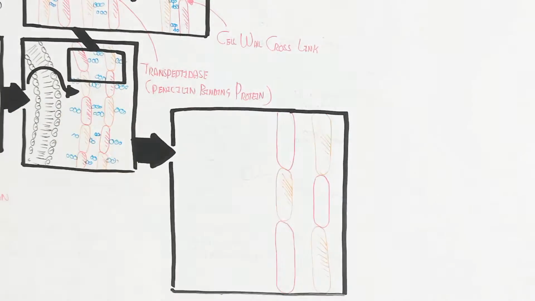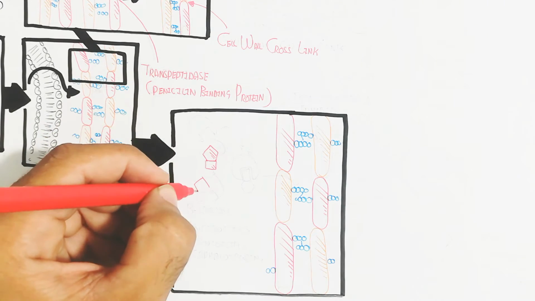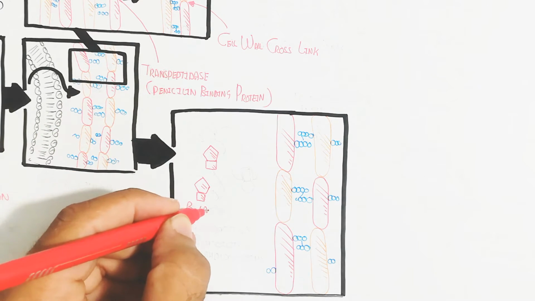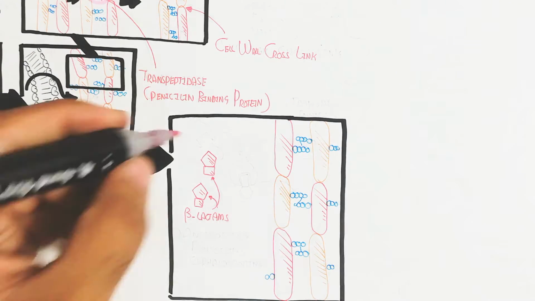So let's begin to understand the mechanism of the beta-lactam antibiotics like penicillin and cephalosporin. These are the major antibiotics, 99% used at this time.